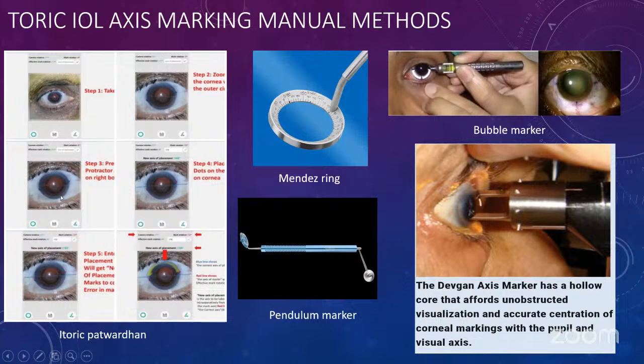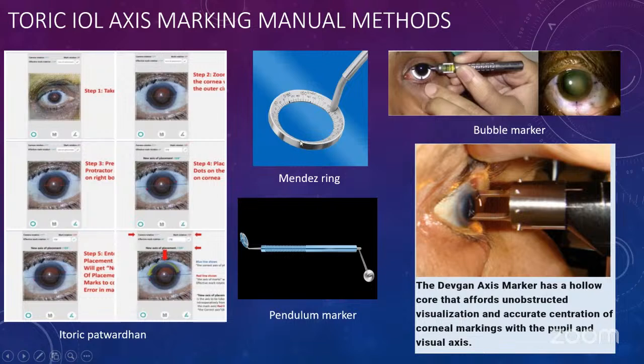So we click on that button, and then we place two dots on the cornea, and then we enter the placement, and then we will get where exactly we are supposed to place the IOL. So basically, if these are your red dots, and the blue line is the axis where exactly the IOL should have been placed.